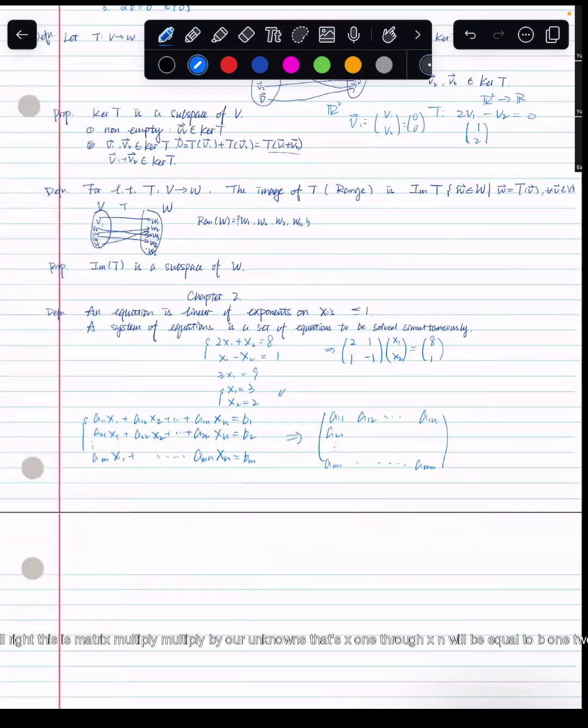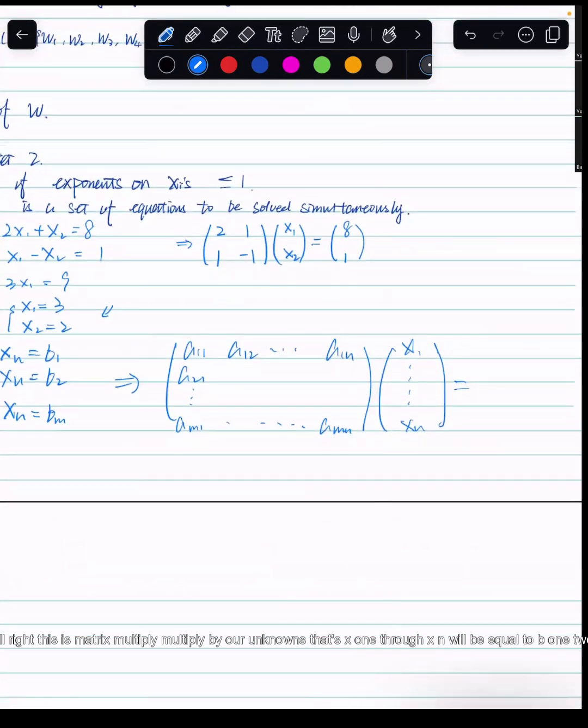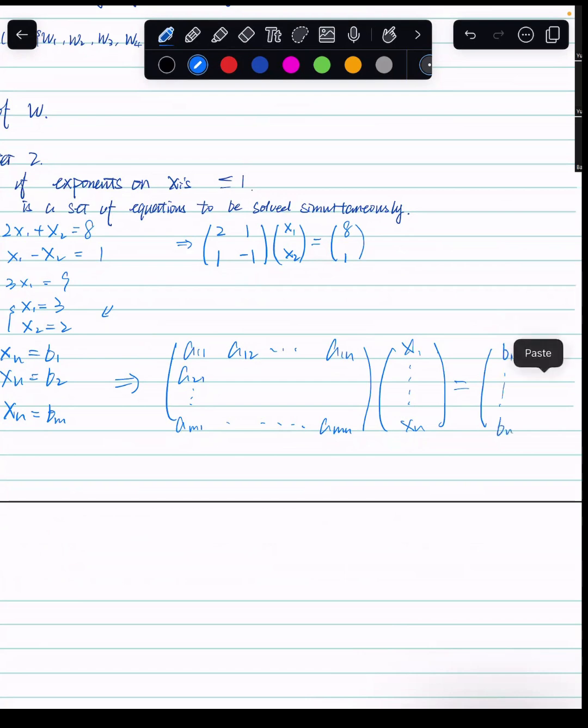All right, this is a matrix multiplied by our unknowns, that's x1 through xn. It'll be equal to b1 through bm.